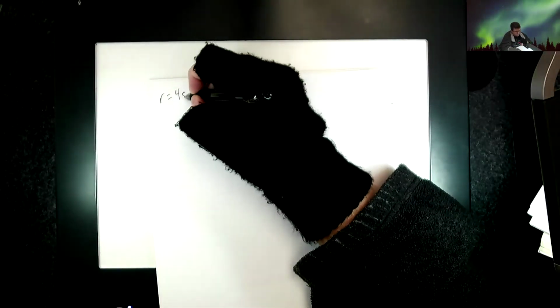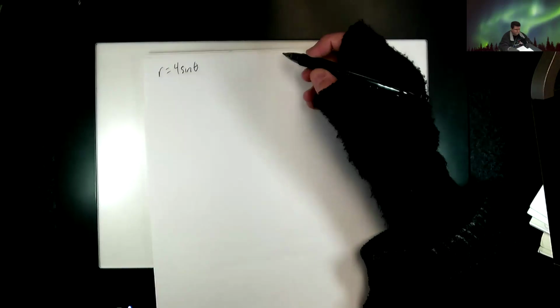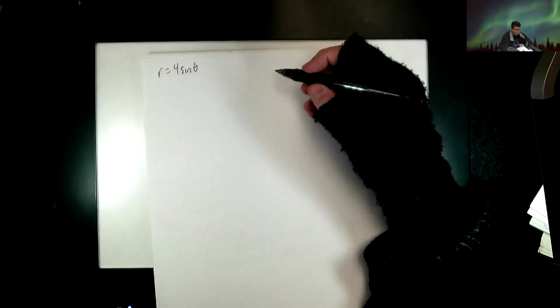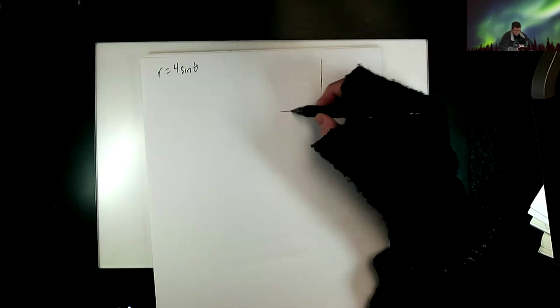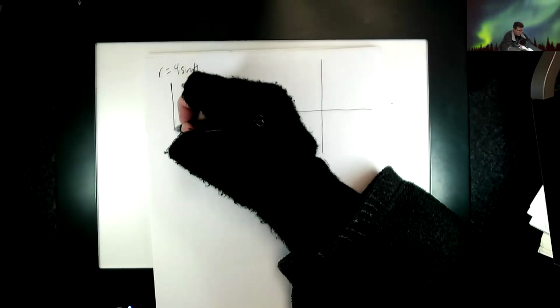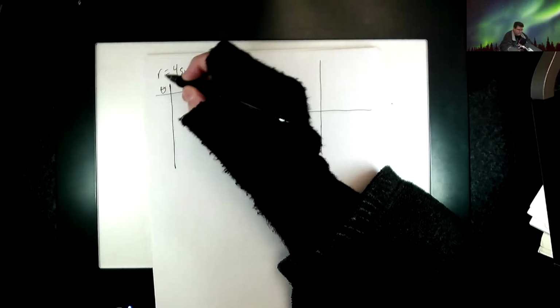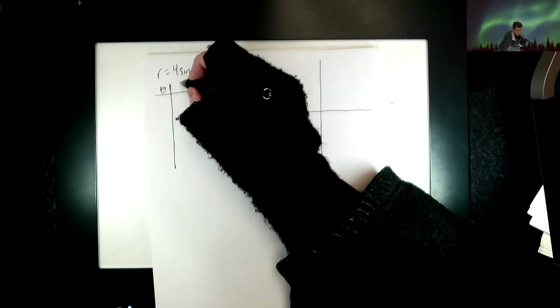So what if we had something like r equals 4 sine theta? Let's make a theta and an r.